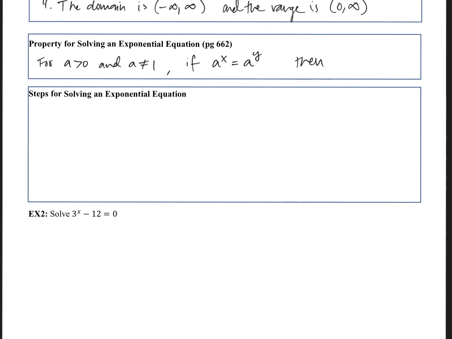Well, it must make sense that if the bases are the exact same thing, and they're equal to each other, then x must be the same thing as y. Then x must equal y, so we can just equate the exponents. Okay, so this is what comes in handy when you're trying to solve exponential equations. If you can find a way to make the bases the same, then you just set the exponents equal to each other.